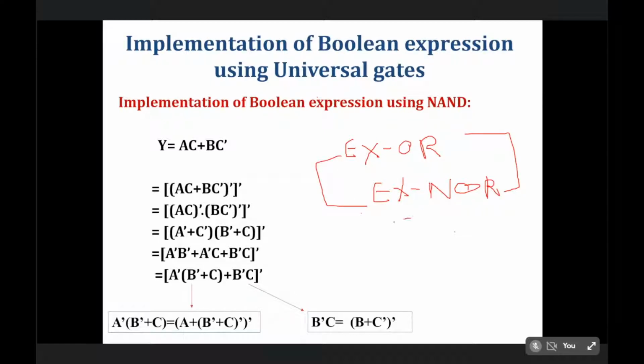Okay. So what is the difference between these two gates and the basic gates? The exclusive OR gate is the gate which gives high value or true value when both the inputs are unequal. For the comparison purpose, in further classes we will see how these exclusive OR and exclusive NOR gates are used for different applications.